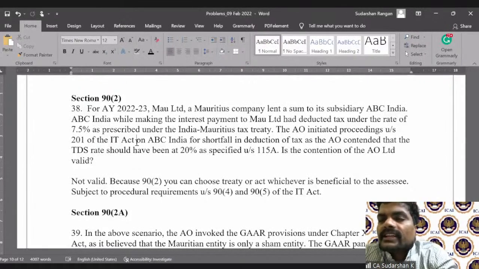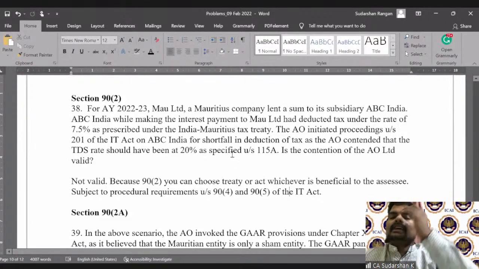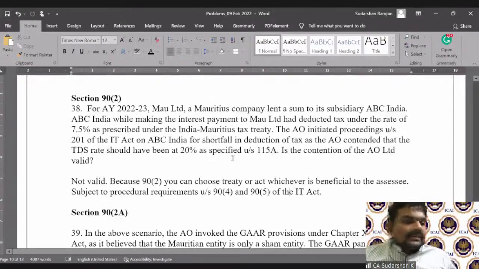and if 10F details are not provided, ideally you should not be giving a treaty benefit, because section 90 subsection 4 and subsection 5 specifically say if you are going to go by the treaty, then you need to get a TRC, tax residency certificate, and other information under 10F.